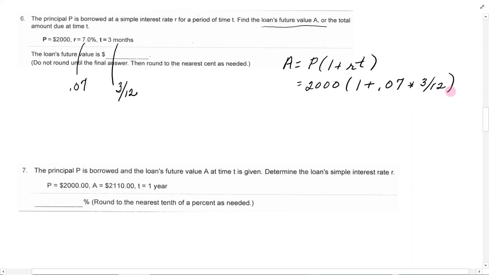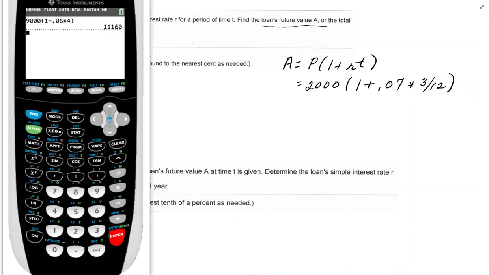That looks like a hard thing to do perhaps, but if we put it in our calculator, 2,000, open parentheses, 1 plus 0.07 times 3 divided by 12, close.